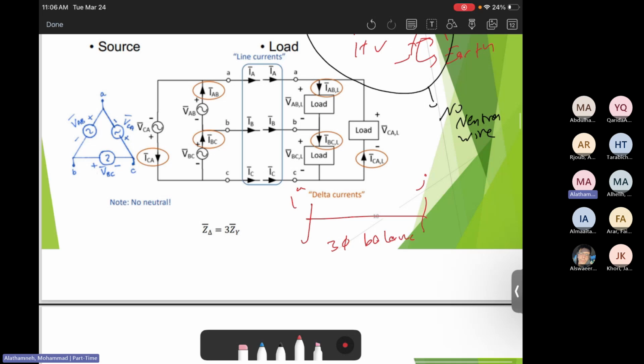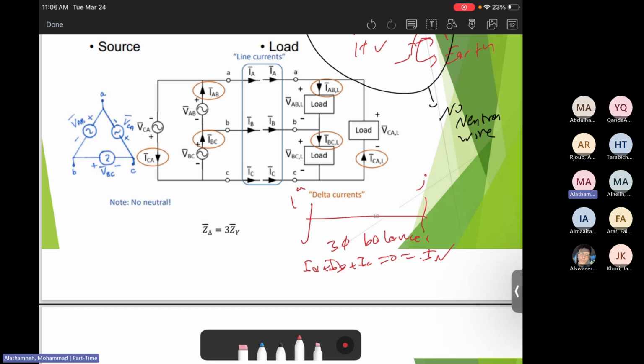Once it is balanced, this makes IA plus IB plus IC equals 0. Once they are equal to 0, which is the same as I neutral, this means the neutral current is 0. Then why do we need to put a fourth wire or a neutral wire while the current is 0? It would be meaningless.